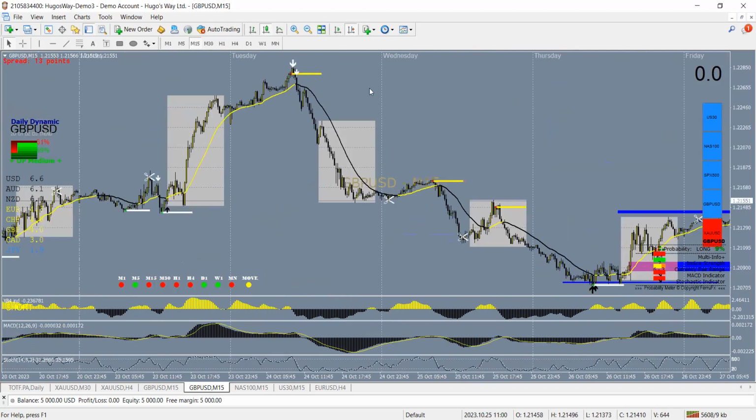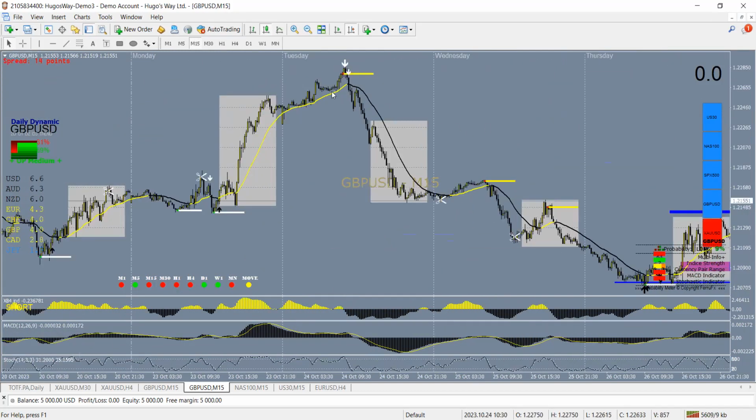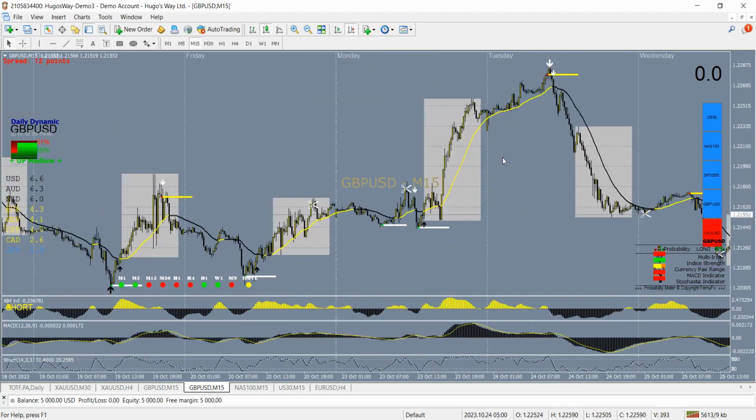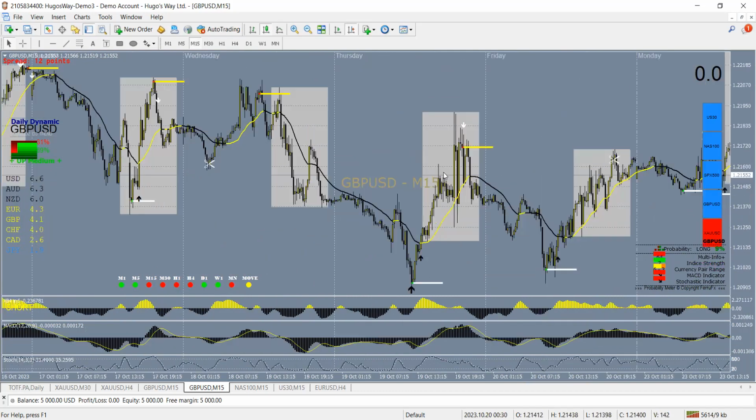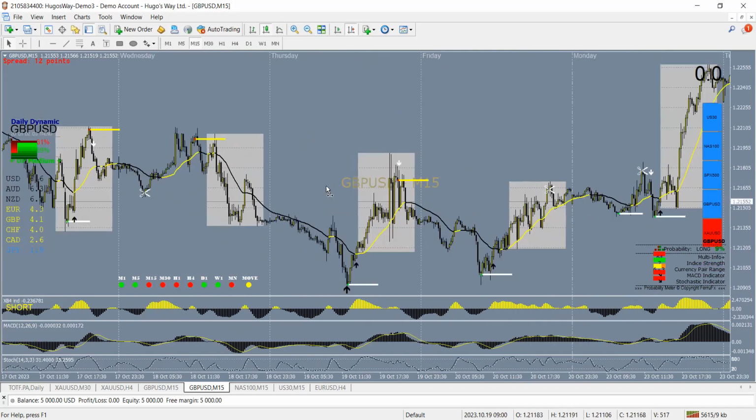That's another thing too. You see how this went down and broke below a low, broke below this break of structure. Once you get a break of structure and a pullback, that validates this, right? In an area of supply and demand, though, that's going to validate that signal. So keep that in mind if you're entering off of an aggressive signal.